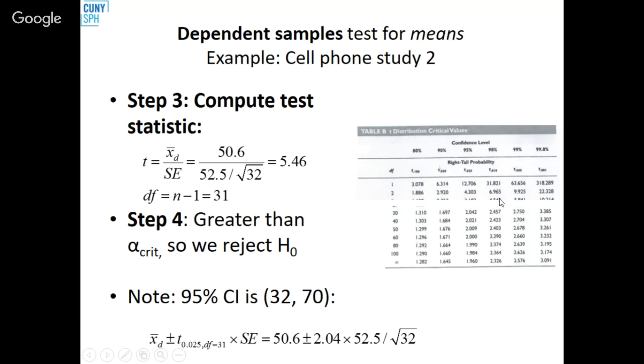If we use this table to calculate a 95% confidence interval, it does not include 0. So our confidence interval around the increase in mean response time when using a cell phone is between 32 and 70 milliseconds.